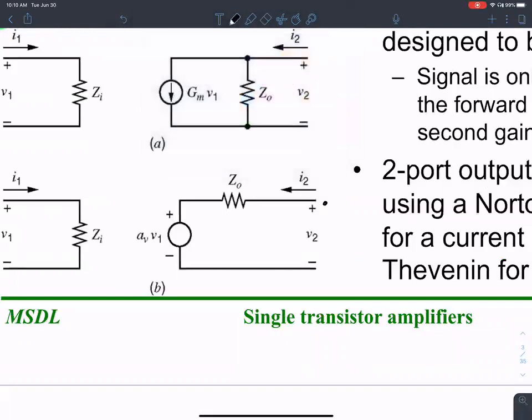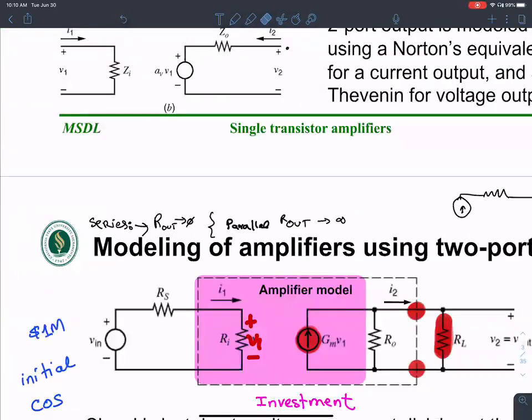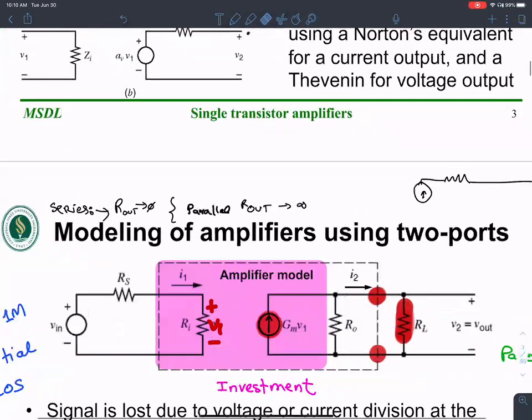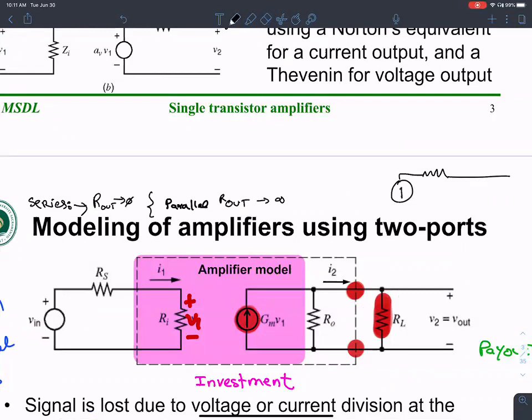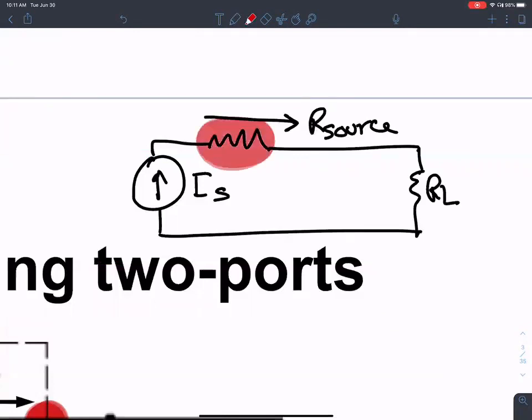The resistance of the voltage source is in series. The resistance of a current source is in parallel. Now the idea is, even if I were to have a constant current source, I source, with some resistance R source, and then there is RL, we can't get away from the fact that there is going to be some voltage.